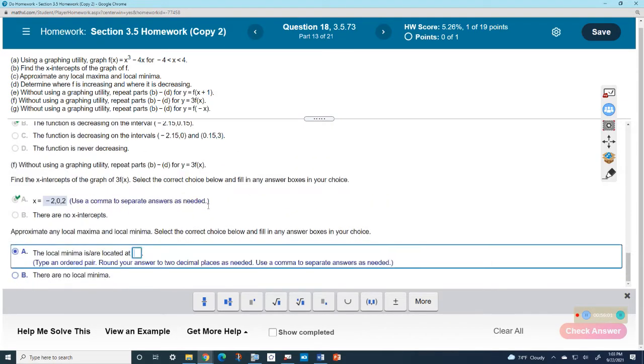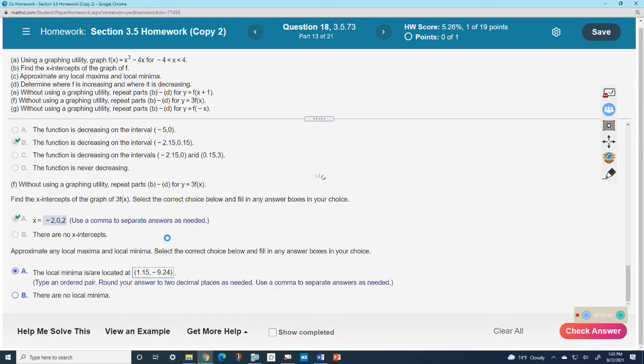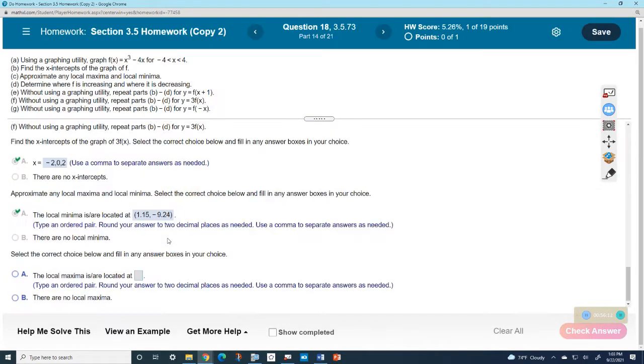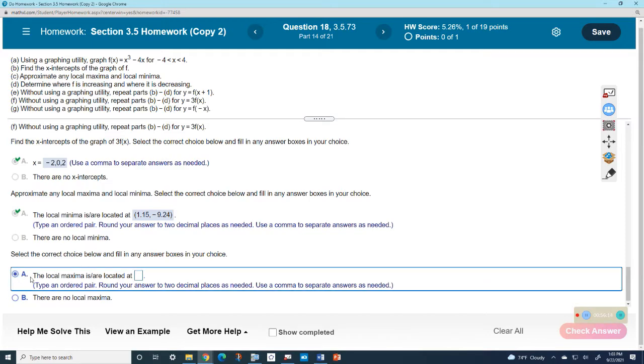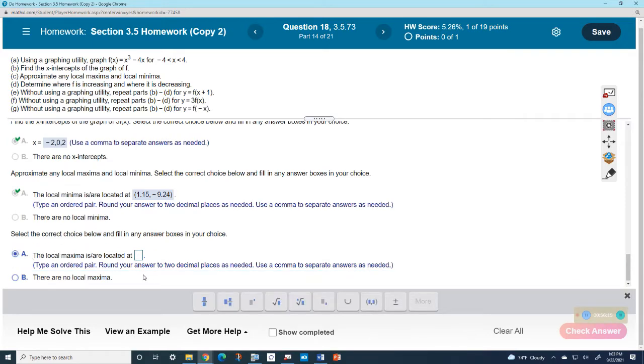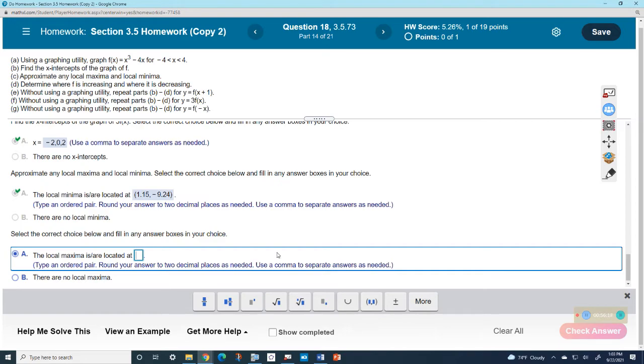So 1.15, -9.24. And my maximum was -1.15, +3.08. So it's going to be -1.15 and +9.24.